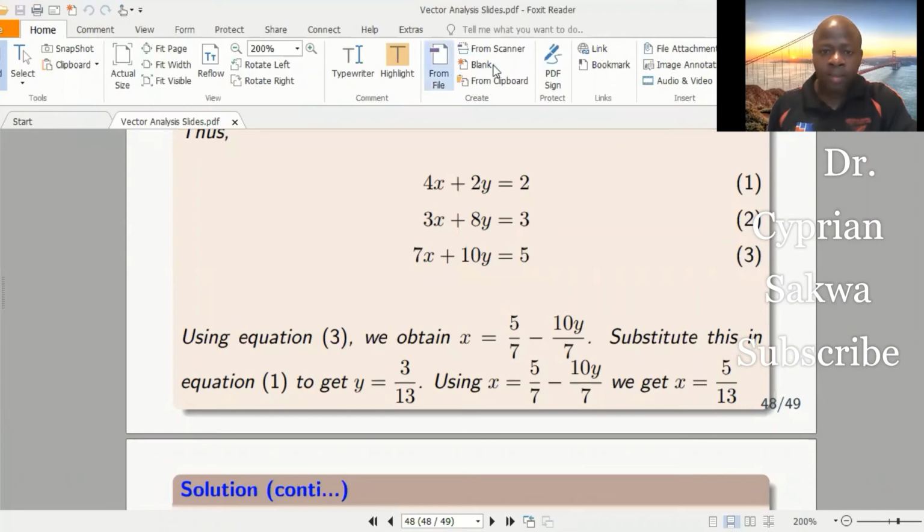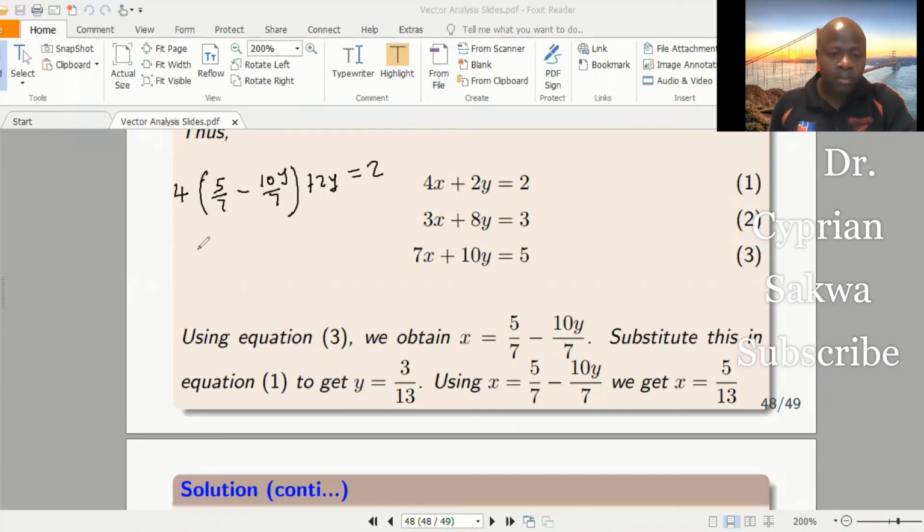Let's just see, you can confirm that later. So what we have is 4 times x, and x was 5 over 7 minus 10y over 7, and then plus 2y equals 2. So you want to get y.